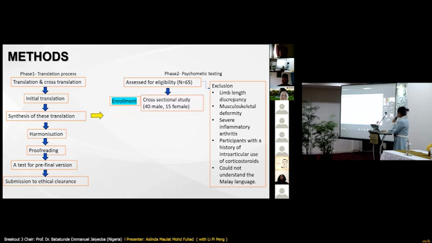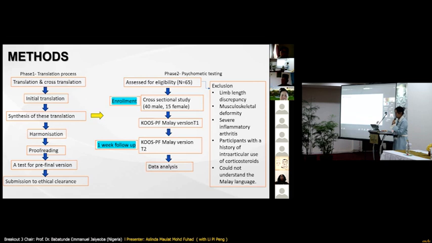And then I enrolled 40 male and 15 female participants into my study. I have 2 study time points, pre and post, which is the AQoL Malay version test 1. After 1 week of follow-up, I sent the participants for the AQoL Malay version test 2. And then I analyzed the data.